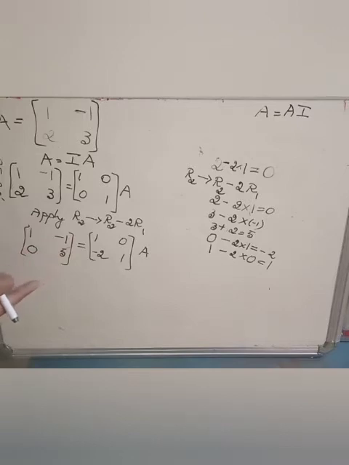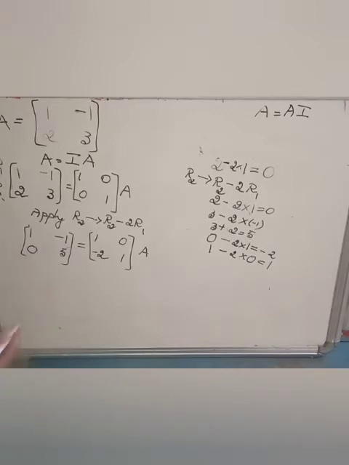Now I have to make this entry 0 and this entry 1. Now whichever may be easier, do that first. First I'll do this one. Instead of 5, I have to write 1 here. That means if I divide 5 by 5, it becomes 1. That means how to write the elementary operation?